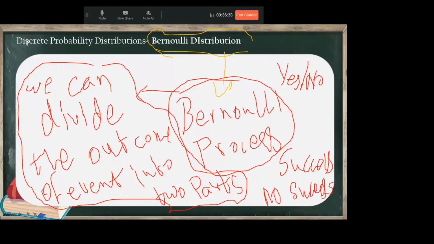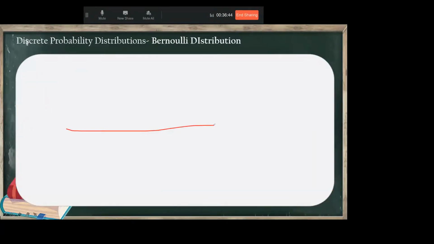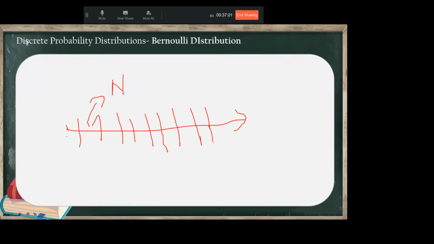If I draw a diagram, let's say this is the time of the experiment, and I have done different experiments. This empty part is 0, meaning there's no outcome. So it's also no outcome, and I found something here.